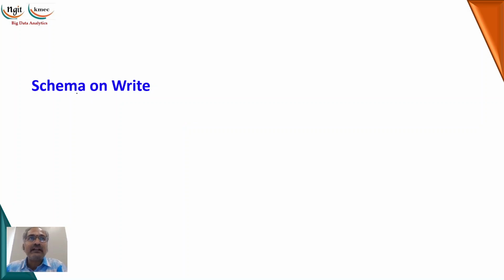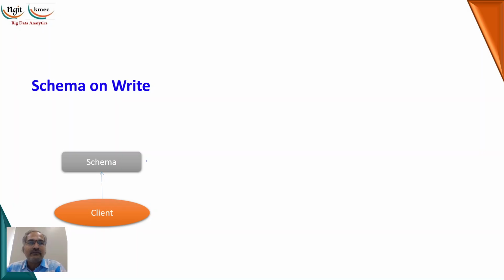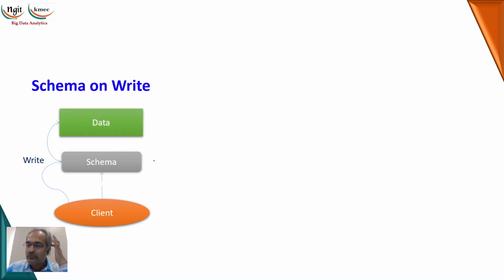That comes under schema on write, meaning that while writing the data, we use the schema. There is a client, and first the client creates the schema. After creation of the schema, the client writes the data onto the disk through this schema.